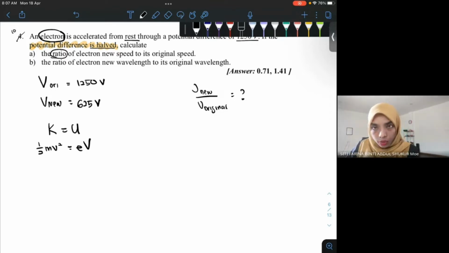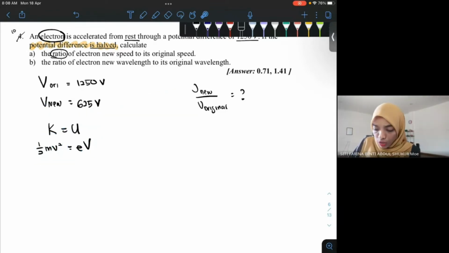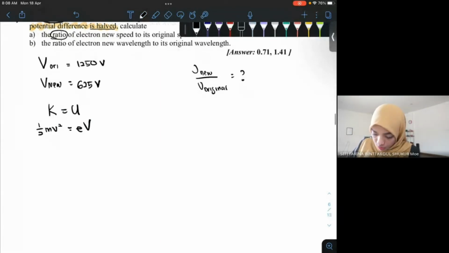So now you can equate: half mv squared is equal to eV. This part on the left hand side has the term v that we are looking for. And this part on the right has the term V, voltage, that we are given. Okay, so rearranging this equation, you will have the equation of speed given as v equals the square root of 2eV over m.